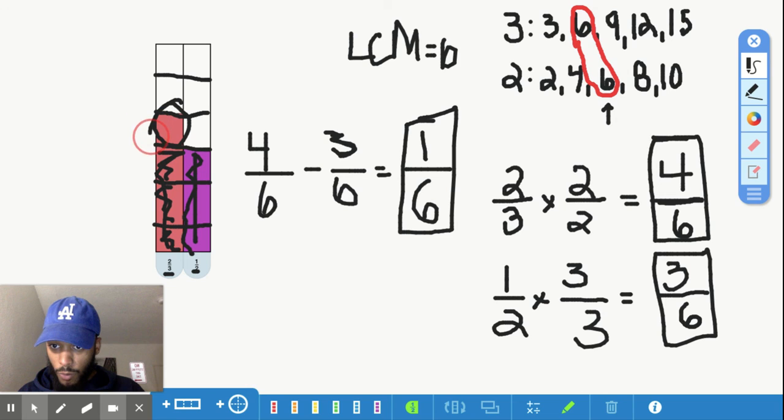And that little red piece right there, ladies and gentlemen, is 1/6. That represents 1/6 because it's one of the actual 6 pieces that we broke the fraction into. Is 1/6 equal to 1/6? Absolutely it is.